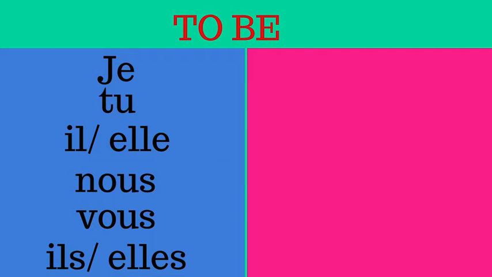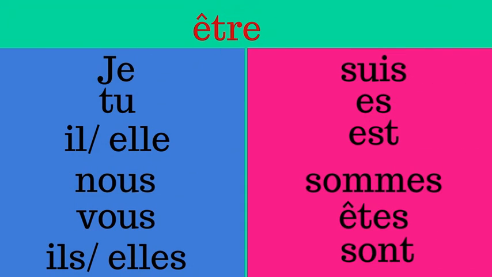Look, here, I'm just going to read the verb part, okay, in pink. Suis, es, est, sommes, êtes, sont. Together is je suis, tu es, il est, nous sommes, vous êtes, ils sont.